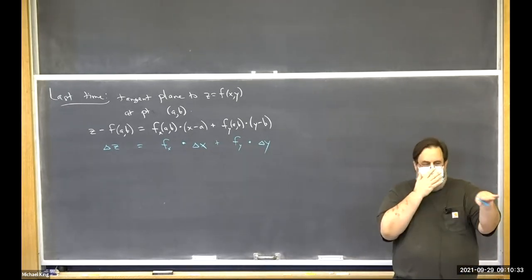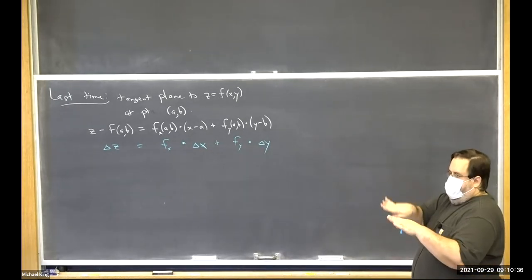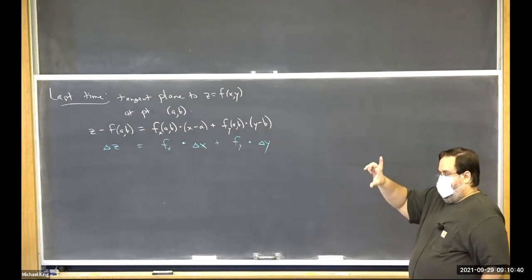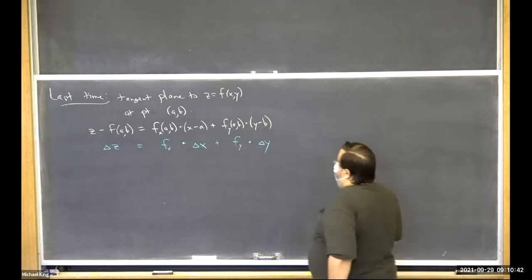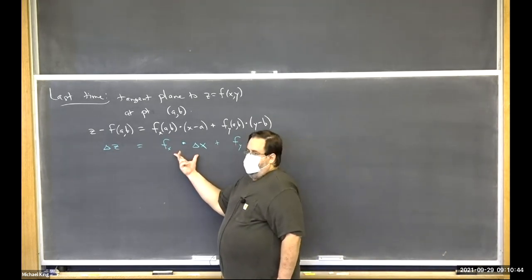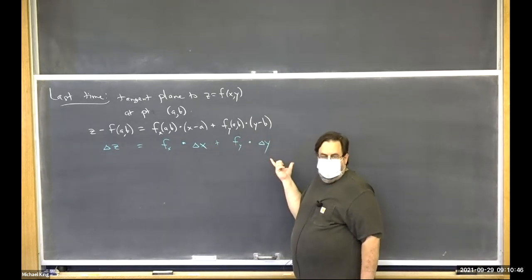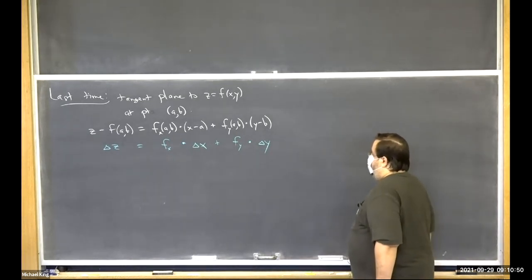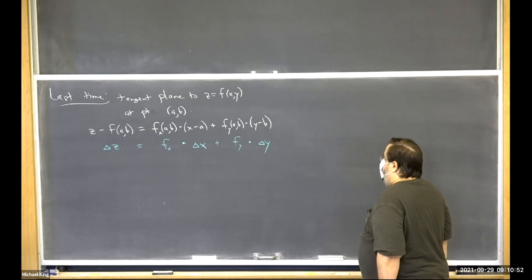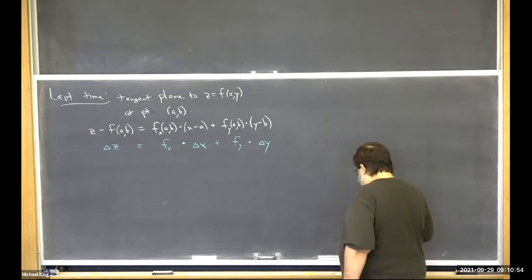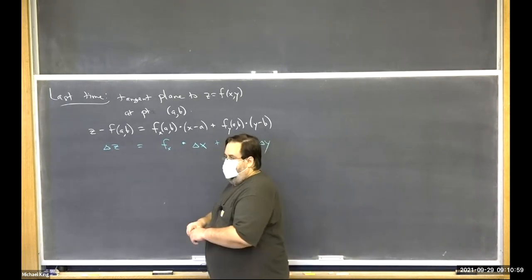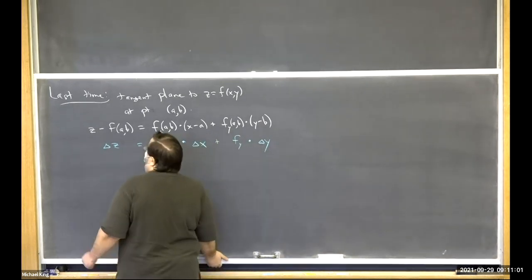That was that picture we had of the plane with the different triangles and parallelogram, and how the change in z was like another sum. This was the change in z in the x direction, and this was the change in z in the y direction, and we saw that they added together to get the total change in z. The reason I want to remind you of this is that I'd like to start going into directional derivatives, and it's going to be an important idea.